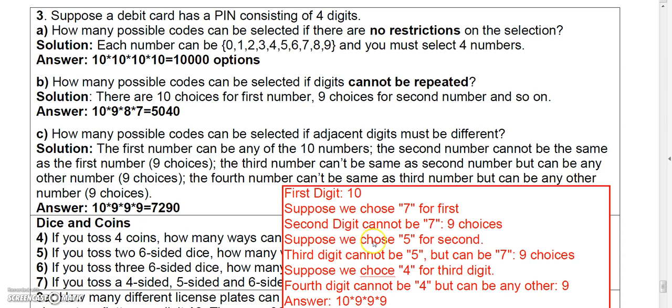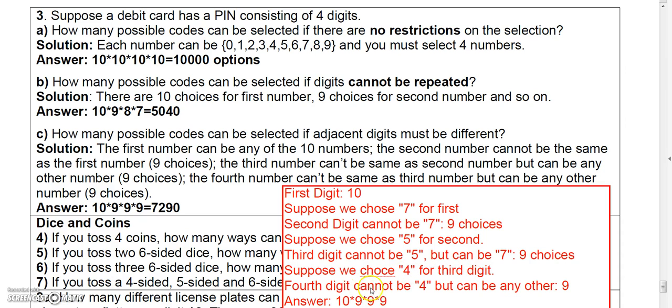Now suppose we chose a 5 for our second digit. Then the third digit cannot be a 5, but it can be a 7 now because it's not adjacent to the first digit. So the only number it couldn't be would be the 5, so that would leave us 9 choices for the third digit. And then suppose we chose 4 for the third digit.